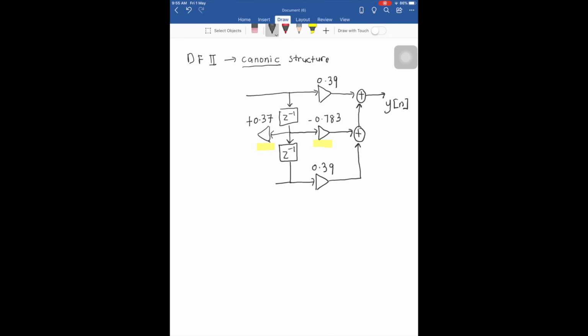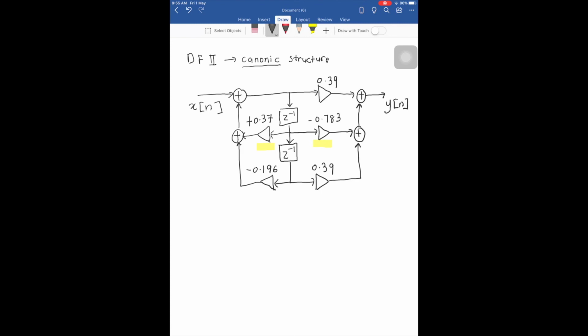Let's continue. After the second delay, we have another constant, and the value of the constant is negative 0.196. Next we combine the components, and then we have your x[n].